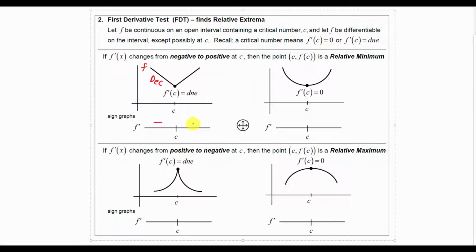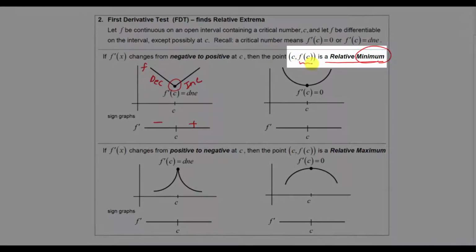And if f prime is positive after the critical number c, then your original f will be increasing. Then you are going to have a valley there. And that critical number will then give you a relative minimum. And relative minimum is the original function value. So your point c comma f of c is the relative minimum, it's saying.